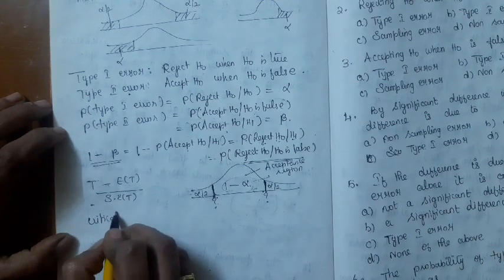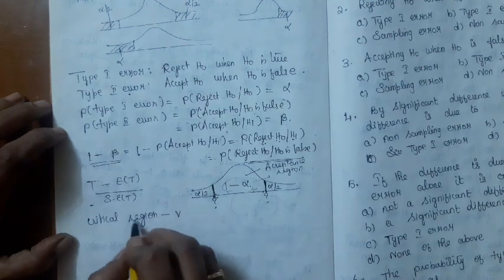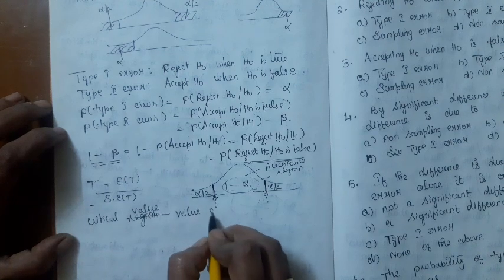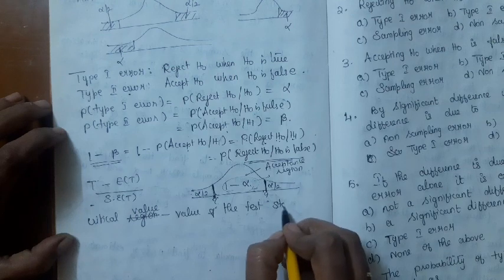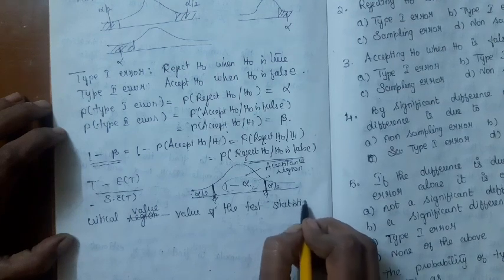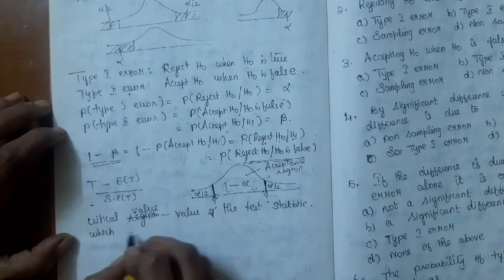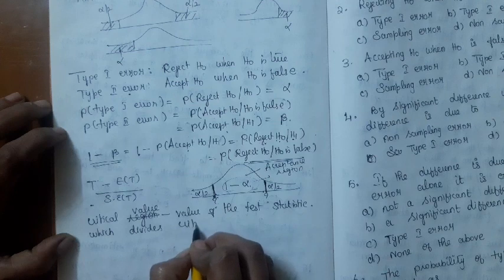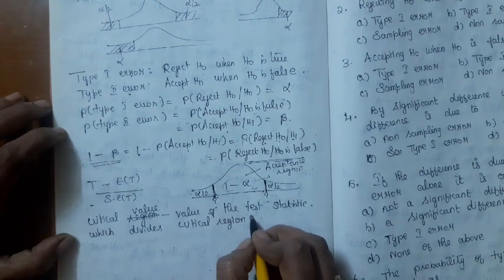This value is called the critical value. So what is the critical value? The critical value is the value of the test statistic which divides the critical region and the acceptance region. What is the other name of critical region? Rejection region, right?